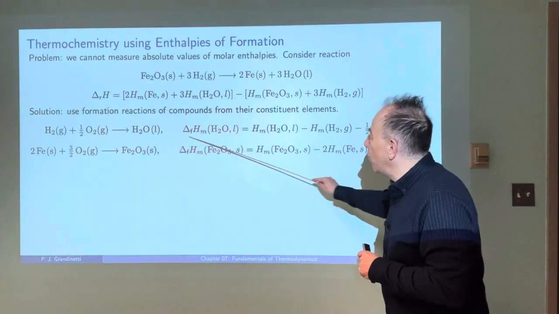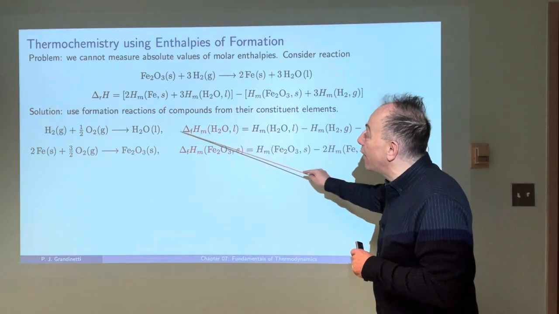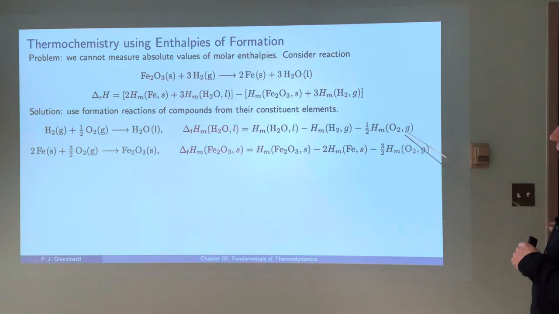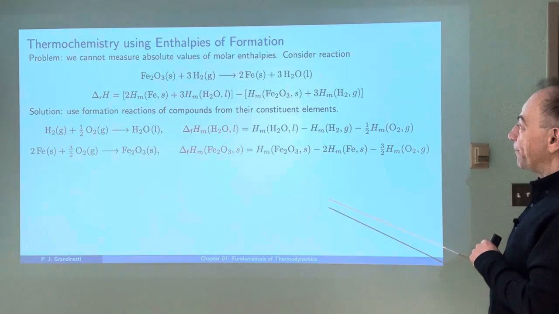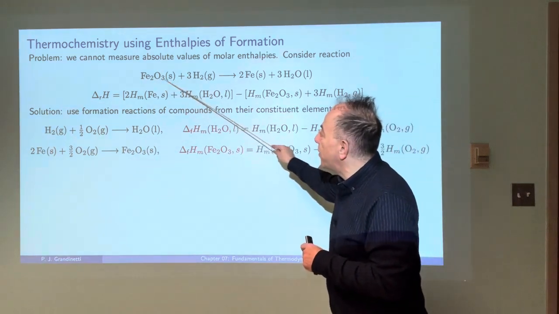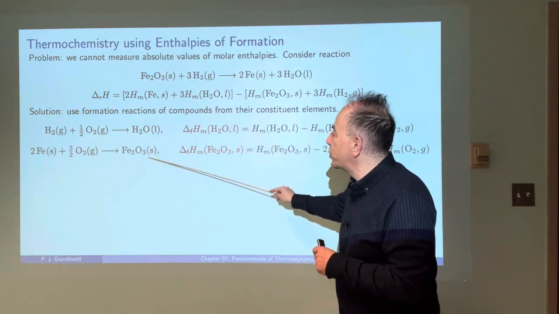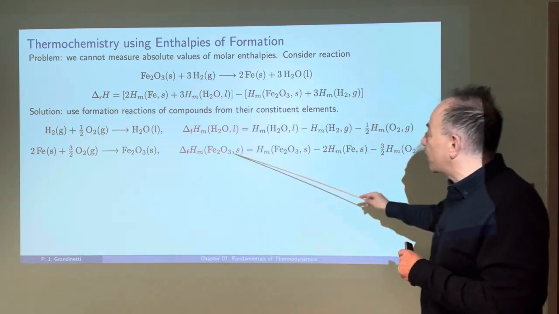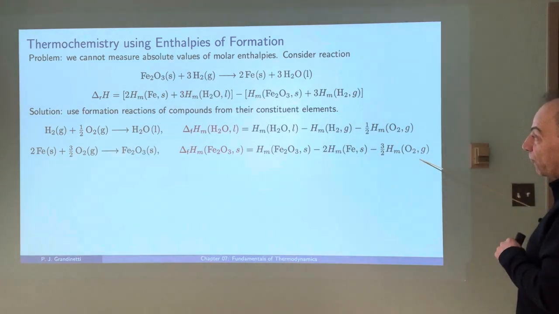This is what we call the enthalpy of formation for water from its elements, okay? Similarly here, I can take iron oxide, which can be formed from iron and oxygen in their elemental states, and I can write down its molar enthalpy of formation.